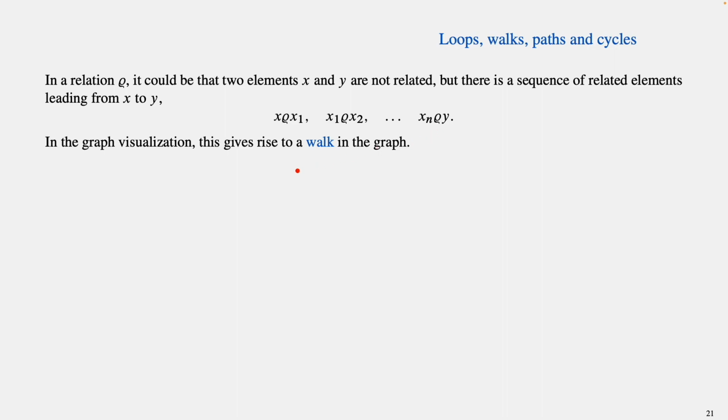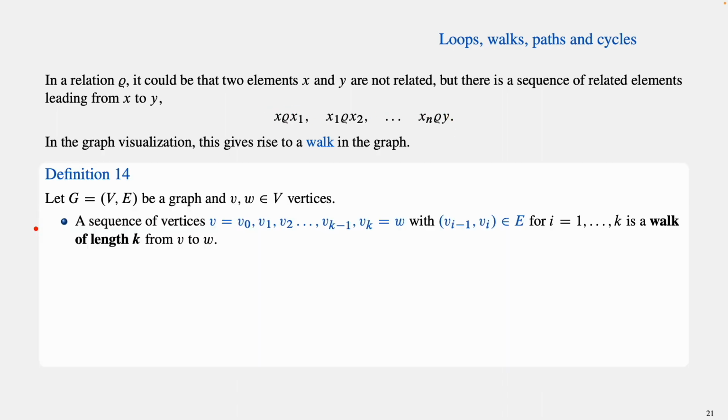And in the graph visualization, this sequence gives rise to a walk in the graph. Now, to define this precisely, if we're given a graph G and two vertices v, w in this graph, then a walk of length k from vertex v to vertex w is a sequence of vertices v0, v1, up to vk, such that the sequence begins with our vertex v and it ends with our vertex w.